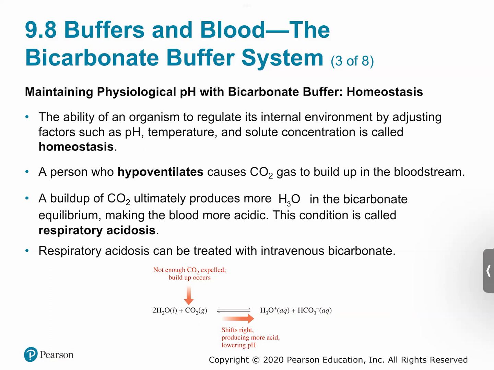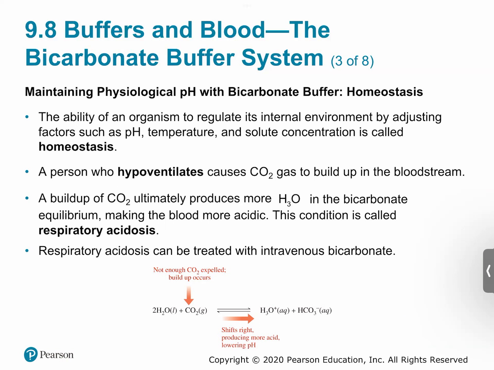So a person might hypoventilate. And in this case, the carbon dioxide gas is going to build up in the bloodstream. But a buildup of carbon dioxide in the bloodstream is going to shift the reaction. So you have this one stressor, the equation is going to want to shift the other way.